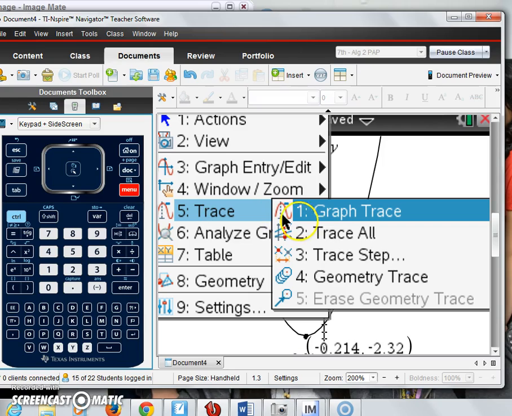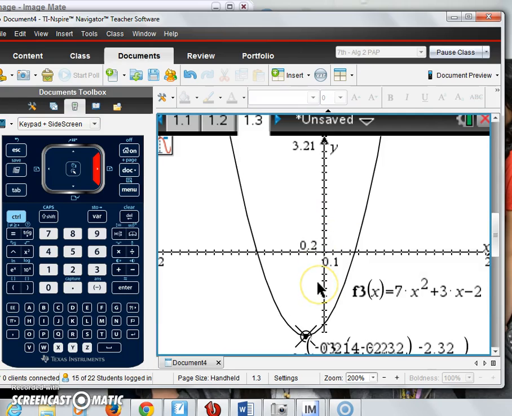If you go to Menu number 5, Graph Trace, and you go to the right, it's going to find the y-intercept, and you just click on it, and it should put a point there, 0, -2. You can do the same thing for all of the important key attributes of the graph. And then it finds your 0. Alright, let's go to number 4.